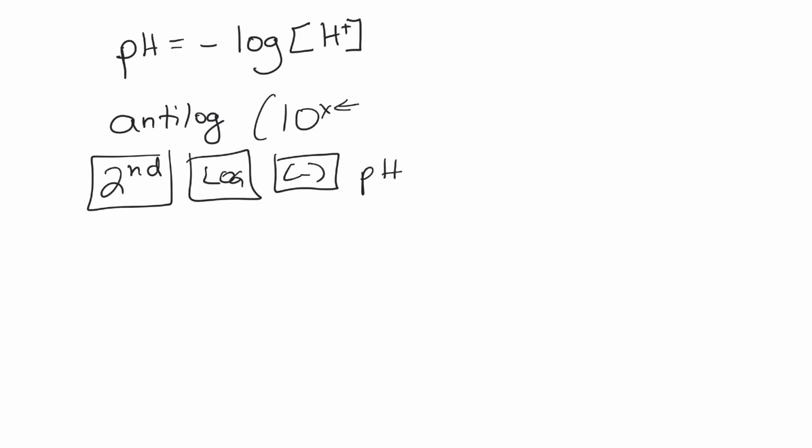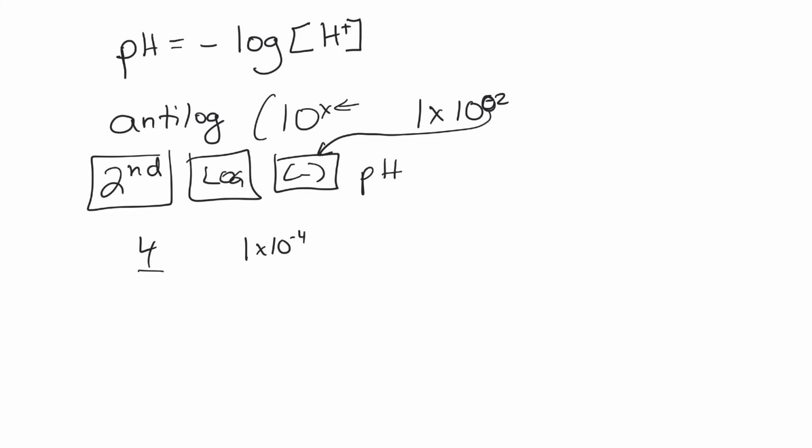So the second log of the negative pH, because if you have 1 times 10 to the negative 2, you're going to have to put the negative with a pH after it. So for instance, if we have a pH of 4, then you could easily tell that the concentration of hydrogen ions is going to be 1 times 10 to the negative 4th. So those are easy if there are even numbers.